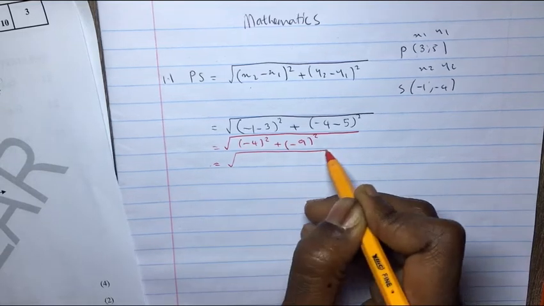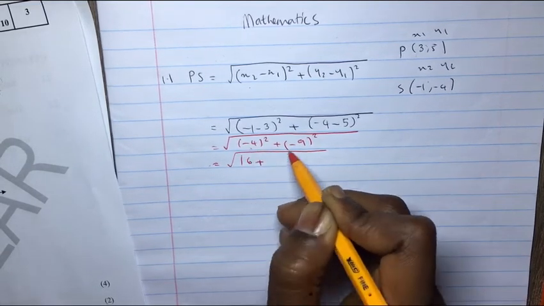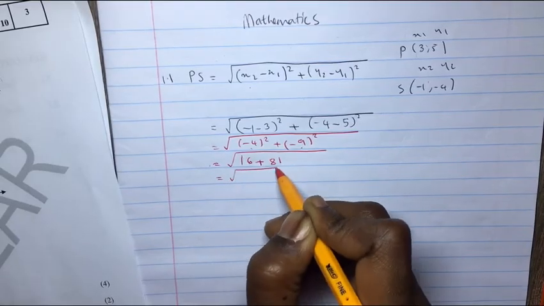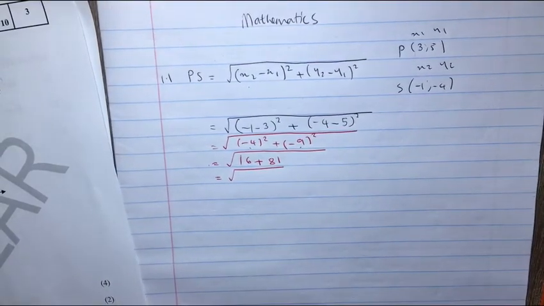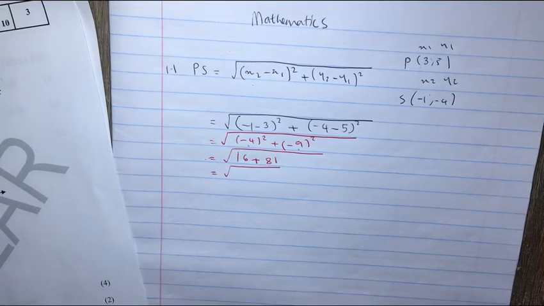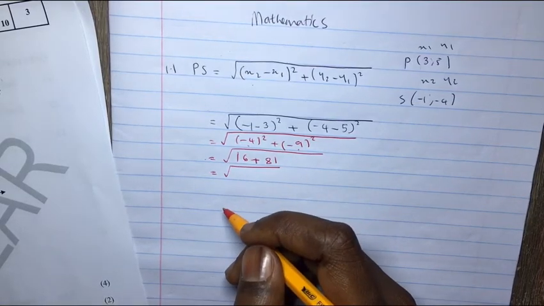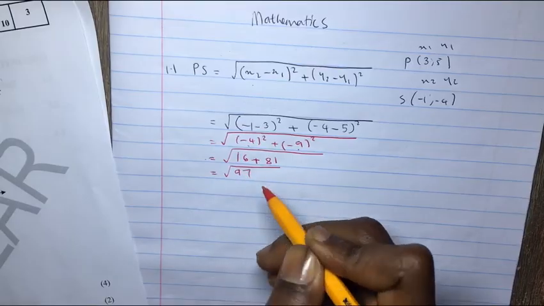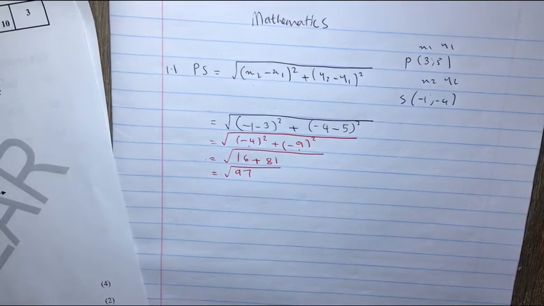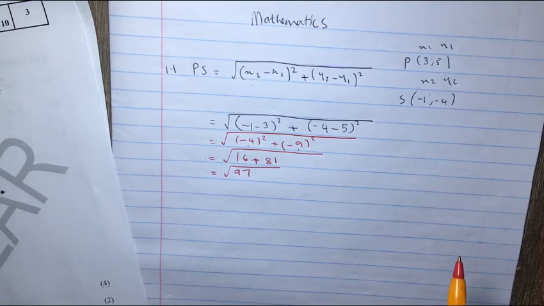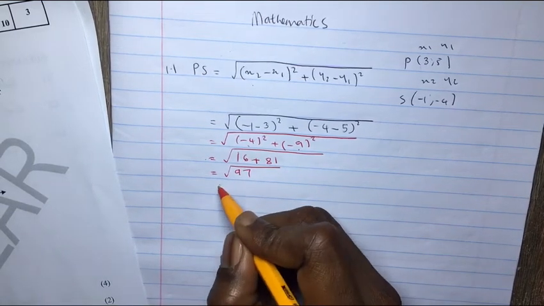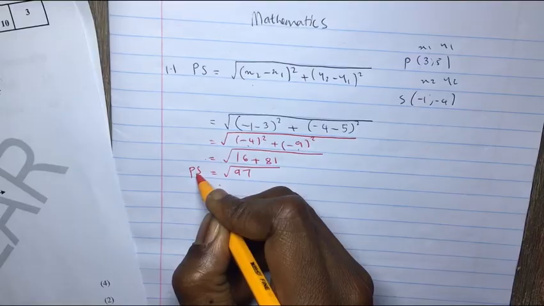Inside I have 16 plus 81, which is 97. So the distance of PS is the square root of 97.